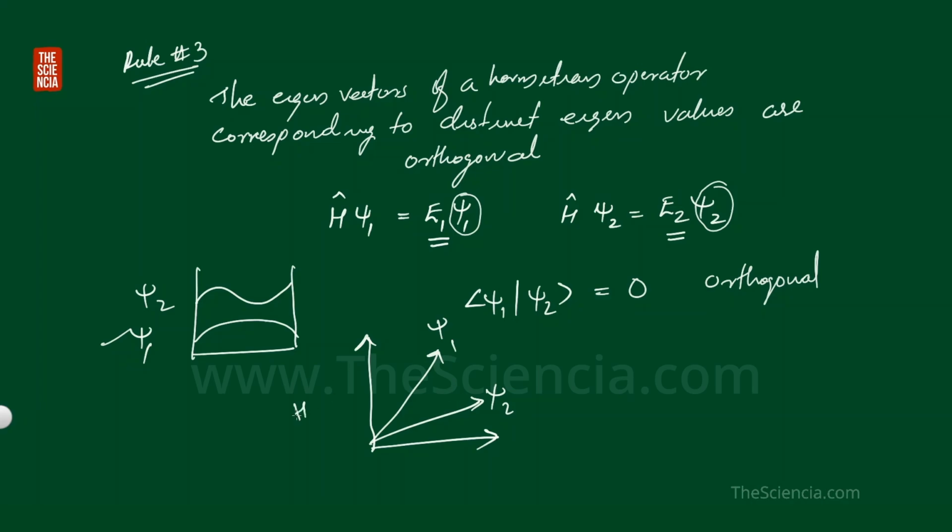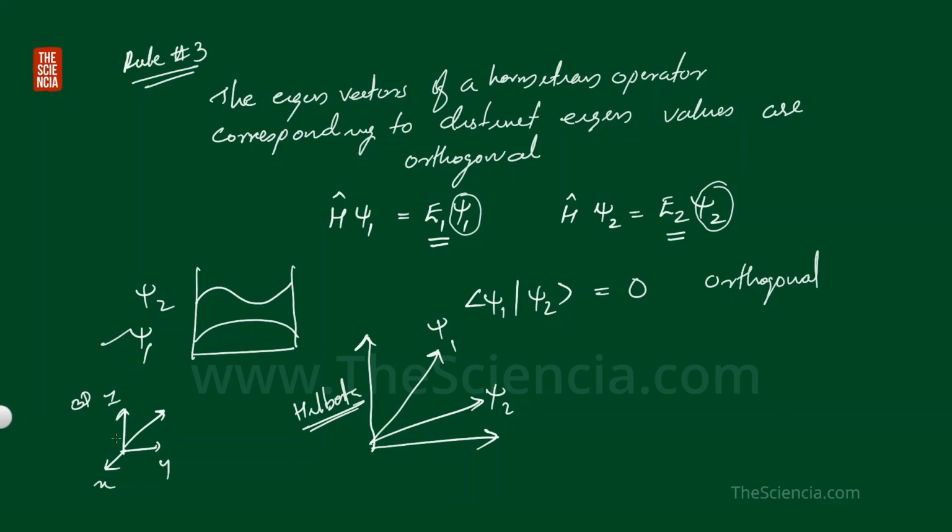Like in our Cartesian system, the 3D space X, Y, Z, where we represent particle position and momentum by vectors, similarly in quantum mechanics we represent the state of the particle by vectors in Hilbert space. So these two vectors in Hilbert space should be orthogonal.